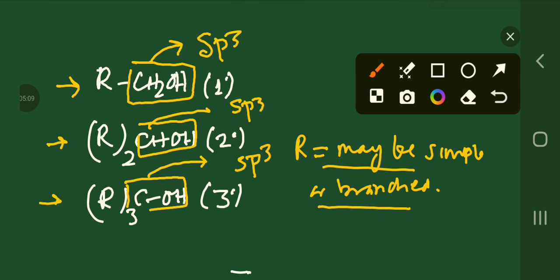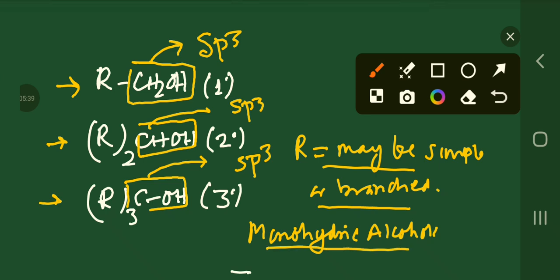Now move on to the next point: classification based on number of OH groups. On the basis of number of OH groups, alcohols are further classified into three parts. The first one, monohydric alcohol. By its name, it is quite clear to understand.